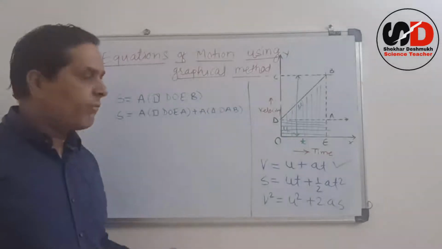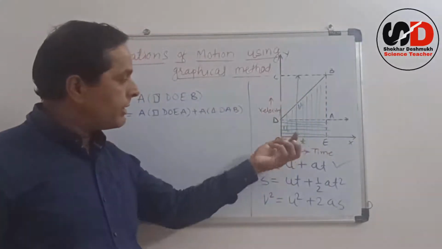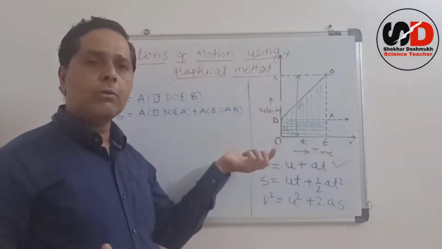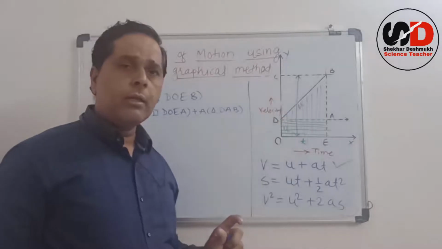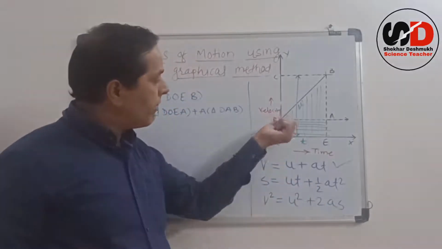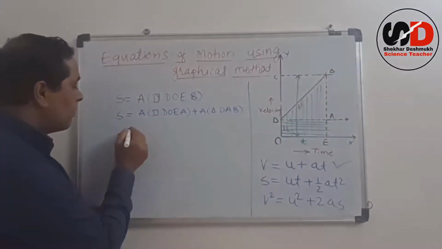And we know the formula for the area of a rectangle and the area of a triangle. Area of rectangle means length into breadth, लांबी गुणिले रुंदी, आणि area of triangle 1/2 पाया गुणिले उंची. That means 1/2 into DA into AB. So write down.